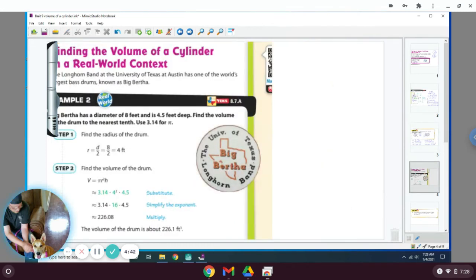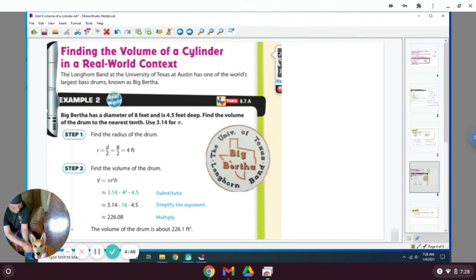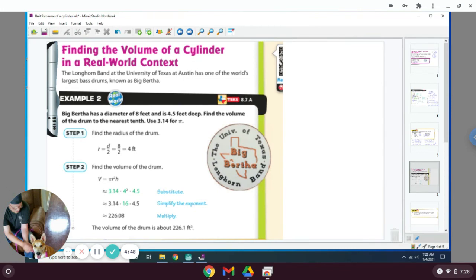Okay, now here is a word problem. Big Bertha is actually a drum at the University of Texas at Austin. It has a diameter of 8 feet. Diameter goes from one edge to the other edge, so that's 8. Then the radius is half of that, which is 4. And it's 4.5 feet deep. So that's the height of the drum. Find the volume.